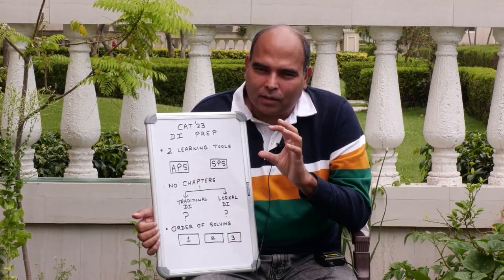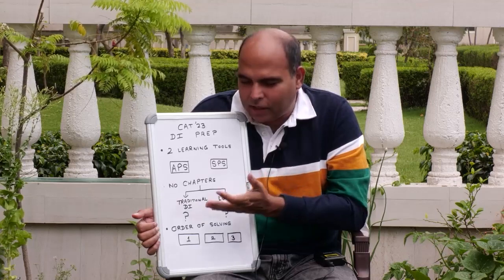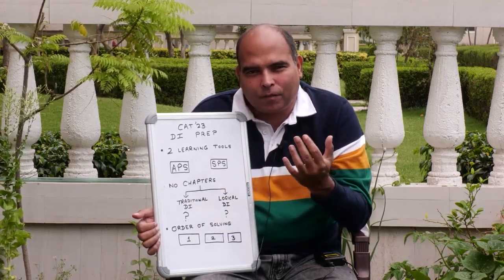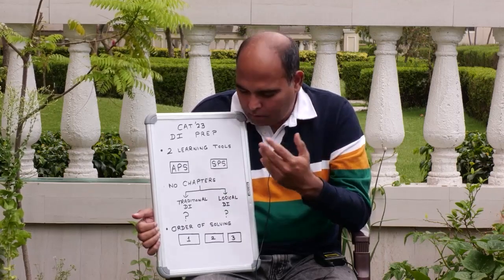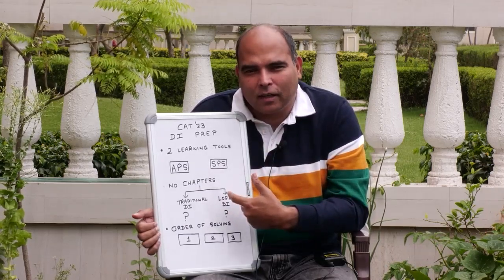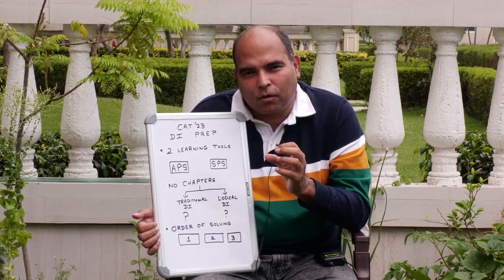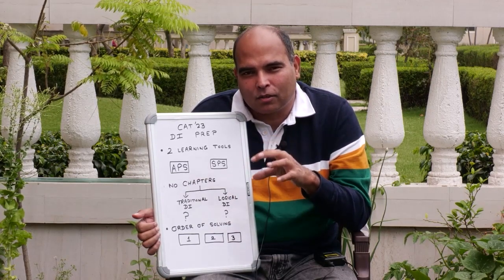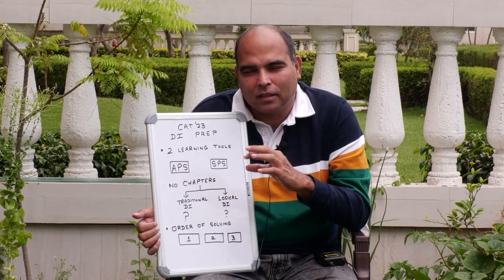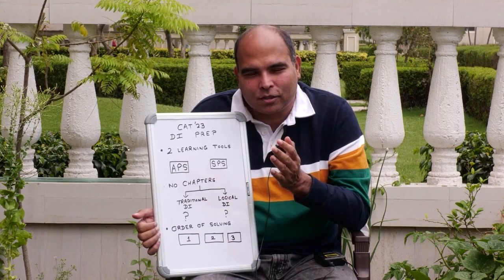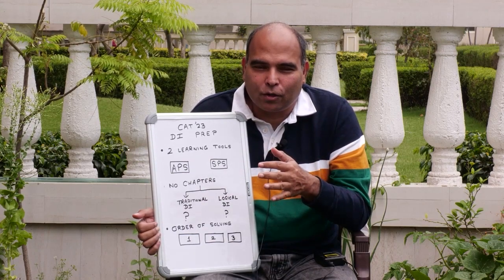So the major theme inside a traditional DI question will be the extraction of data and the calculations involved after that, whereas in a logical DI set, the major theme would be the ability to analyze or create linkages between the data, different data interpretation elements, or between the different variables inside the question.